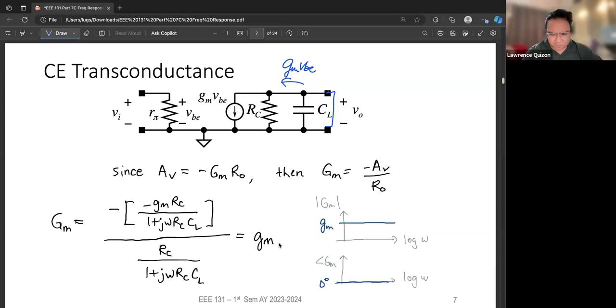All right. So yeah, GM is just a real number, no? The frequency response of a real number is just a constant in the magnitude response, and it has zero phase, or 180 phase, depending on whether it's positive or negative. GM is positive in this circuit. You know that because it's a CE amplifier.